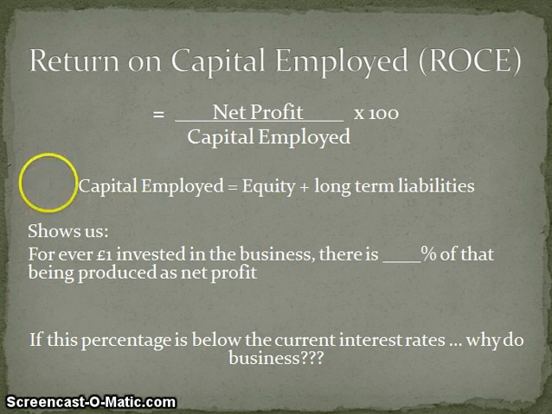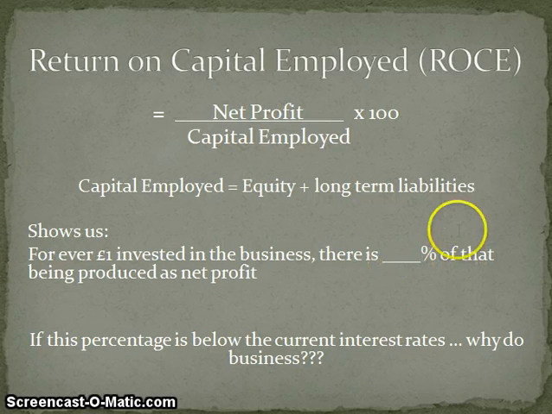So, our capital employed includes our owner's equity from the second half of our balance sheet, as well as our long-term liabilities, so the money invested and the money that we got from the bank. Again, what this tells us is for every £1 invested in the business, either by the owner or the bank, we are making back in profit what percentage of it.